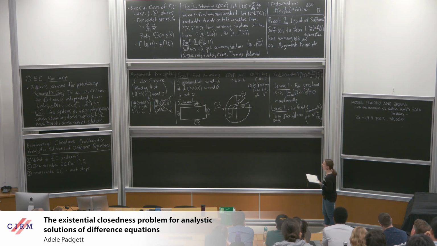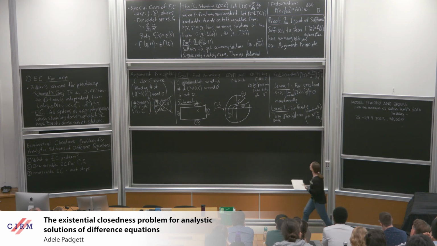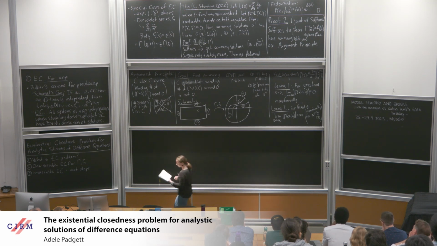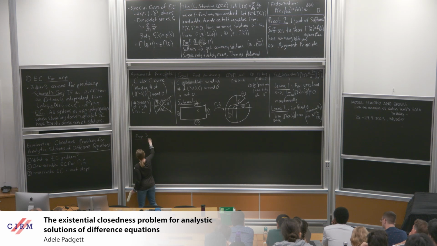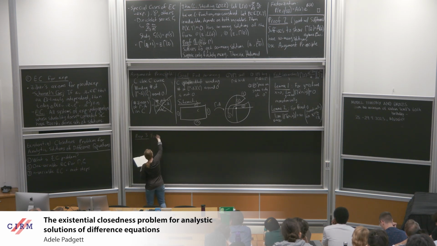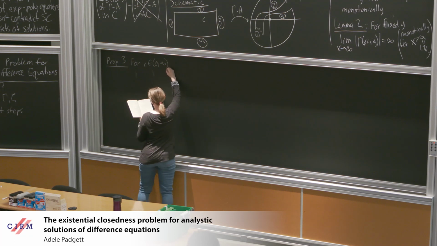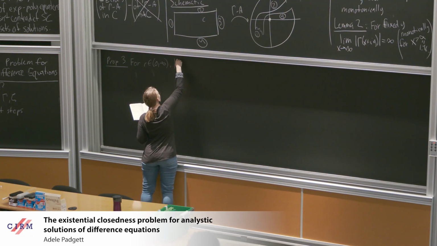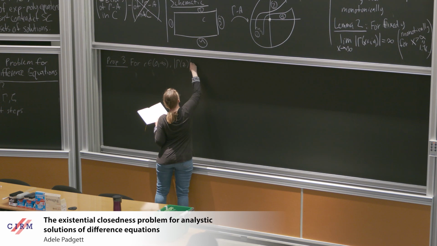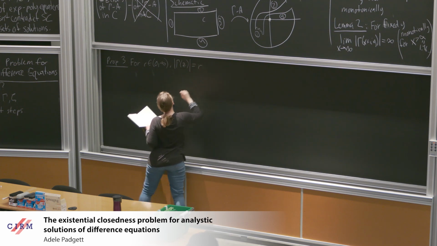So let me write that. The curves of fixed modulus will look like this. For a positive real number r, the curve modulus gamma of z is equal to r.